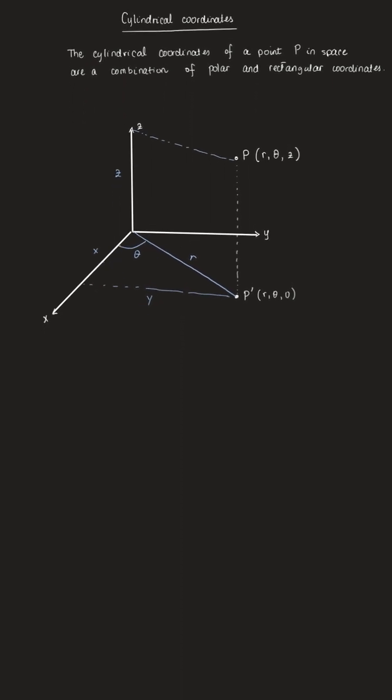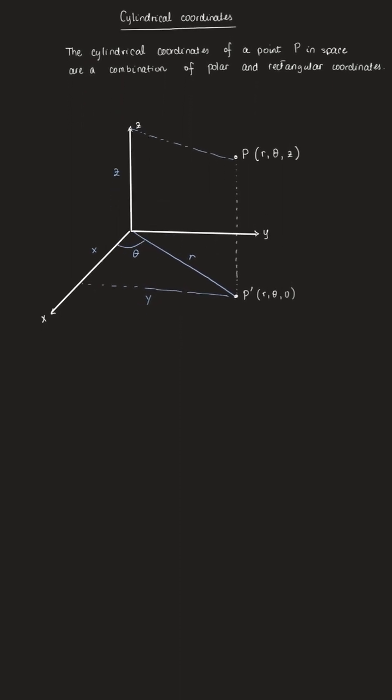So the important relationships, the identities that we have, are: one, if you look at the xy plane, we can see that x squared plus y squared equals r squared. We can also see that tangent of theta is y over x.